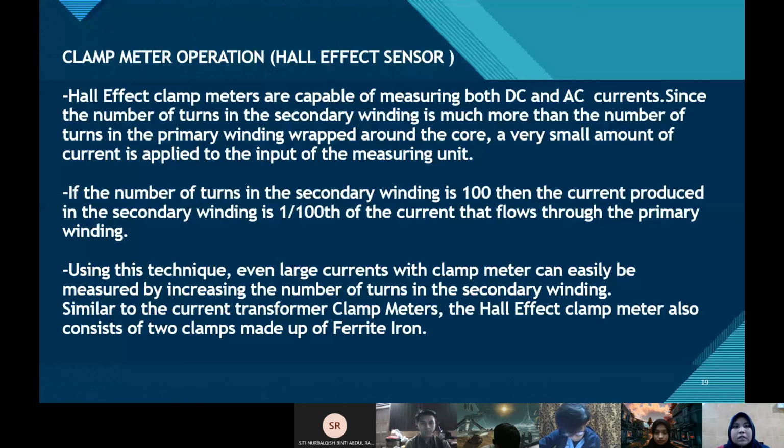For example, if the number of turns in the secondary winding is 100, then the current produced in the secondary winding is 1/100 of the current that flows through the primary winding. Using this technique, even large currents can easily be measured with a clamp meter by increasing the number of turns in the secondary winding.